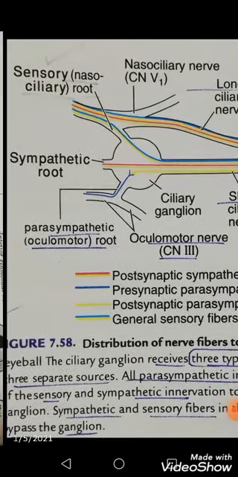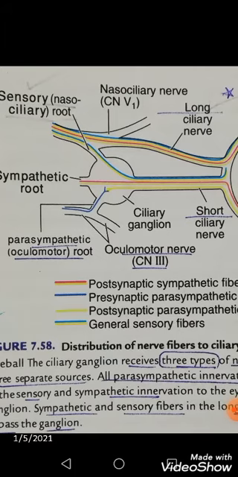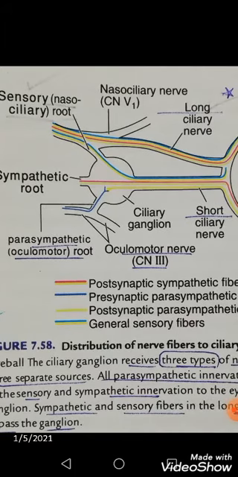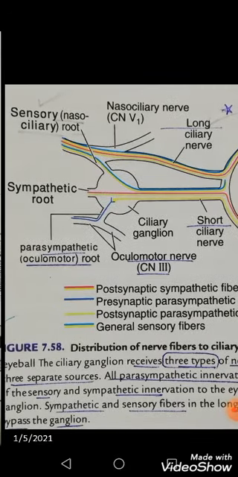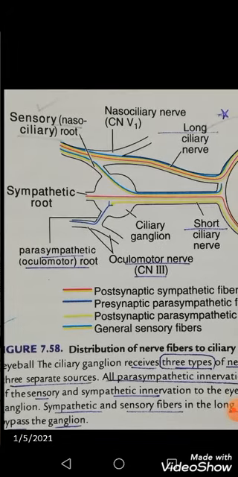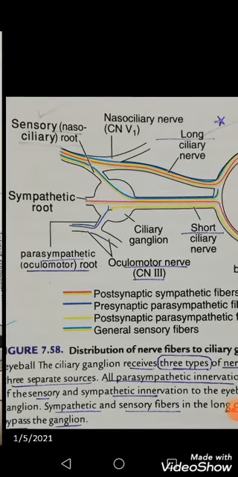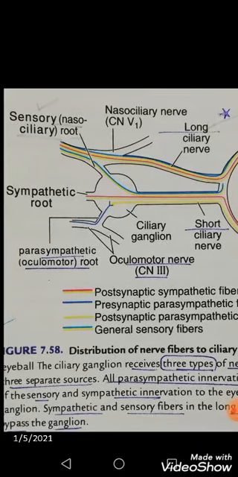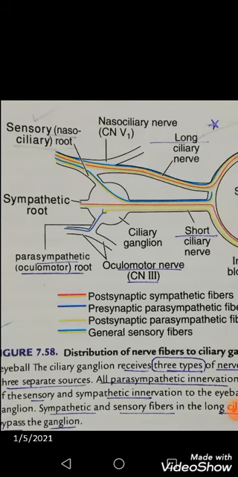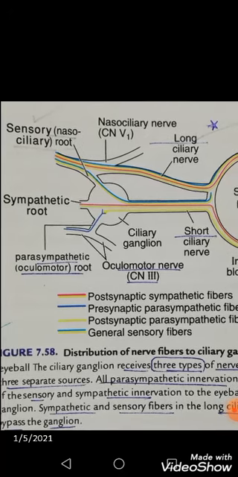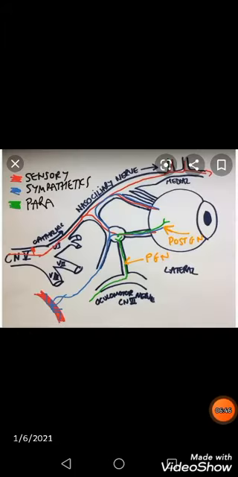Then there is the sympathetic root marked with the red line, running through the ciliary ganglion and then following the short ciliary nerve. They are also taking root through the long ciliary nerve towards your eyeball. And then you can see the sensory root, showing the nasociliary nerve, with its fibers again running through short ciliary nerves, and this is the detailed map showing the three major roots of the eyeball.